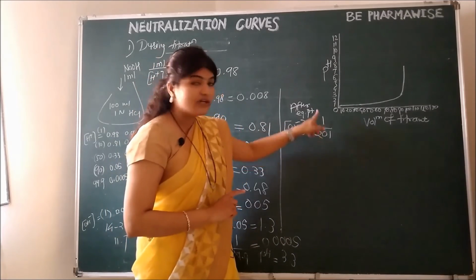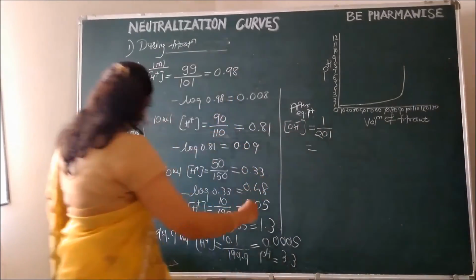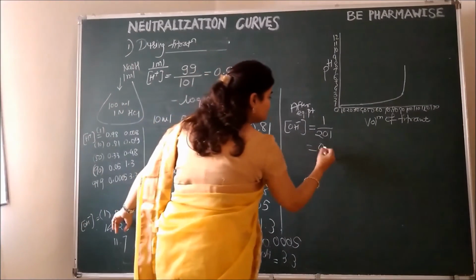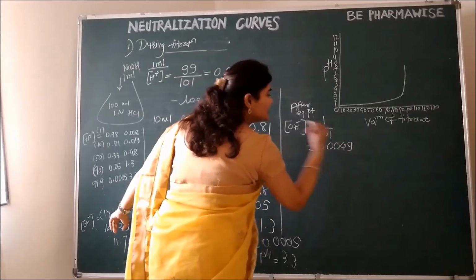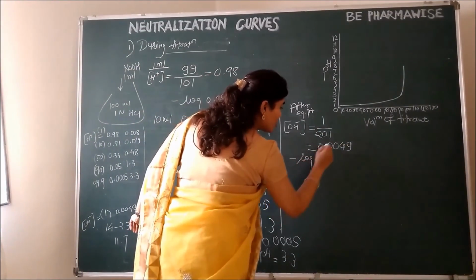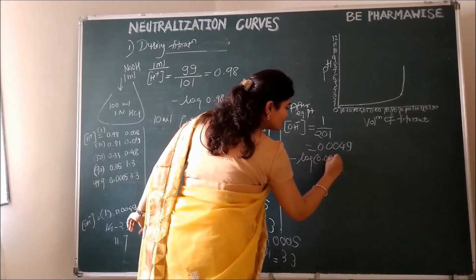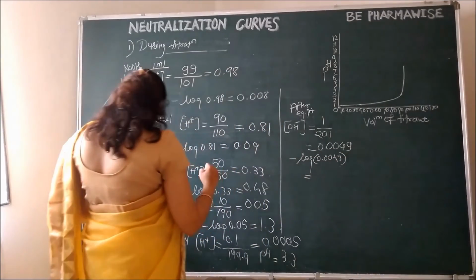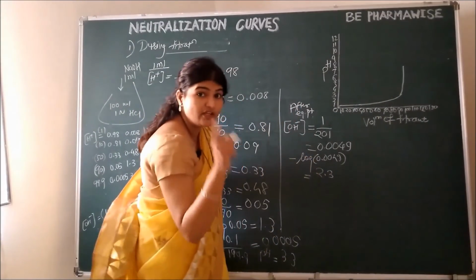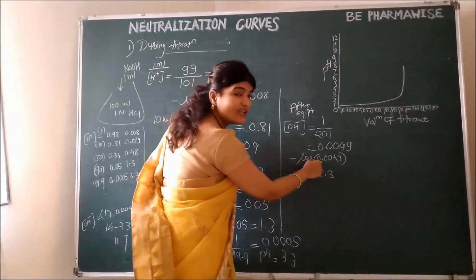If you calculate 1 by 201, I have calculated it already, it comes to 0.0049. And if you take the negative log of 0.0049, it comes to 2.3. Now don't forget, you have taken the negative log of the OH minus ion.